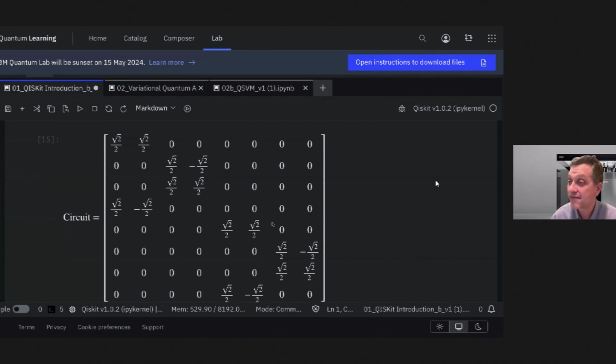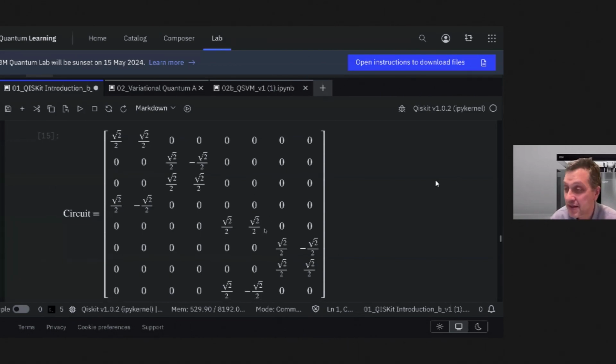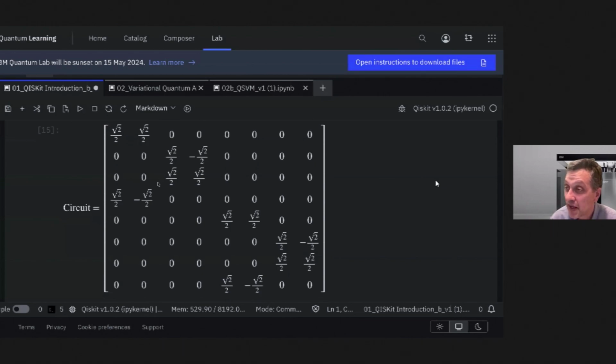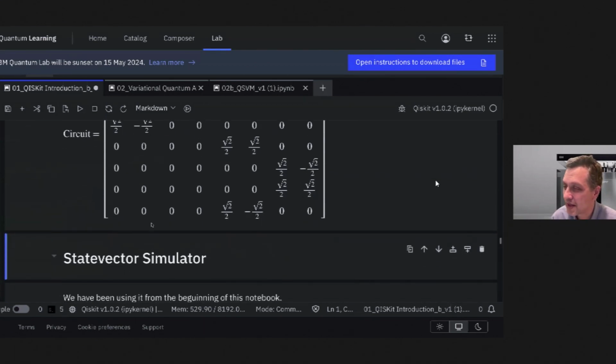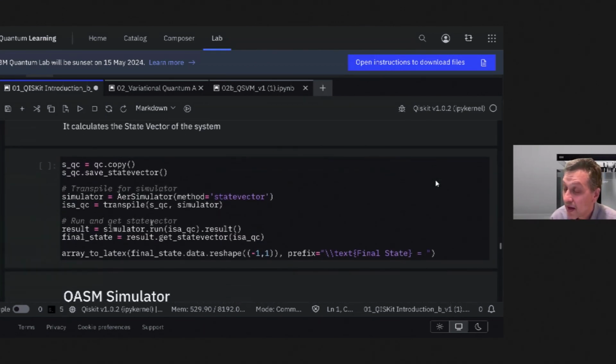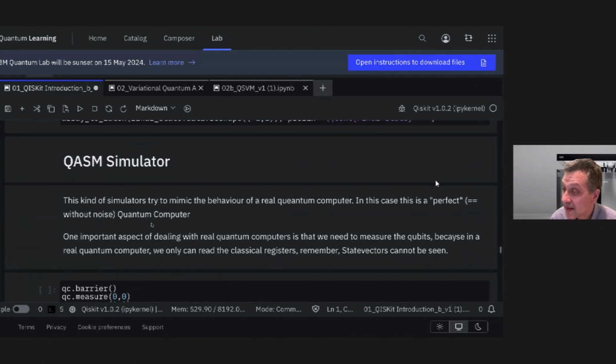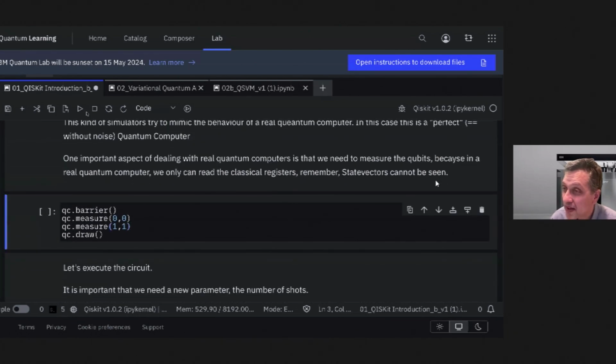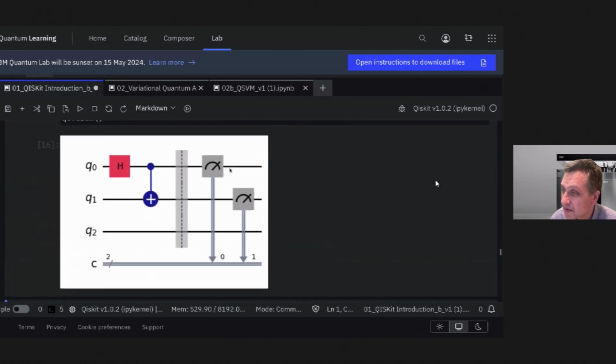So we can use this capability of the system to do this big matrix multiplication. We can calculate this matrix because we have a smaller circuit, but we cannot do this in a very big one. We can see the state, and we can also add measurements.